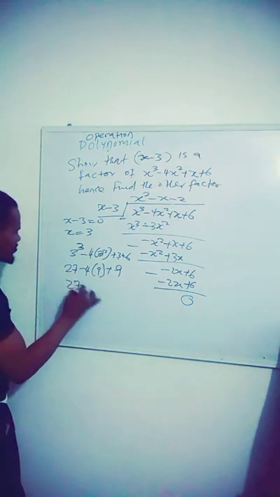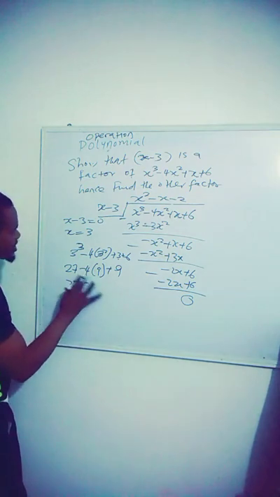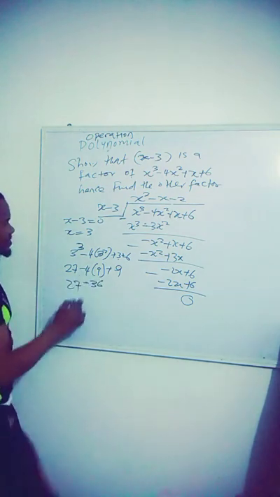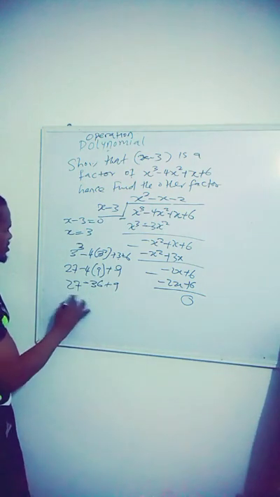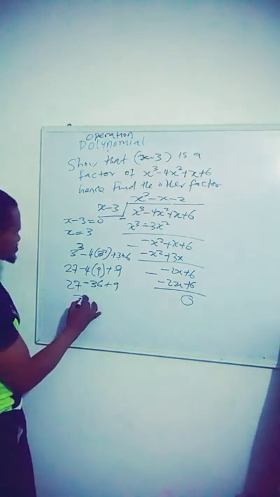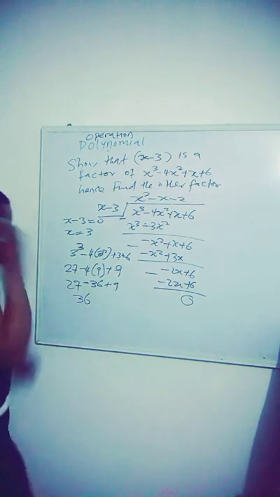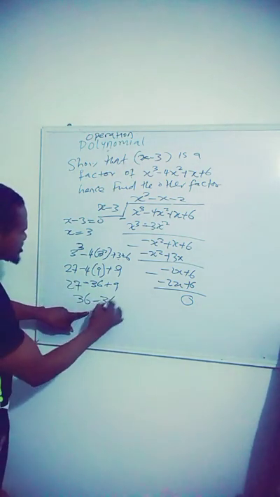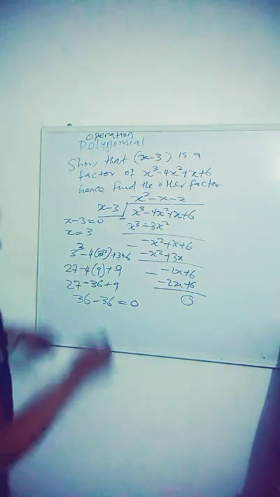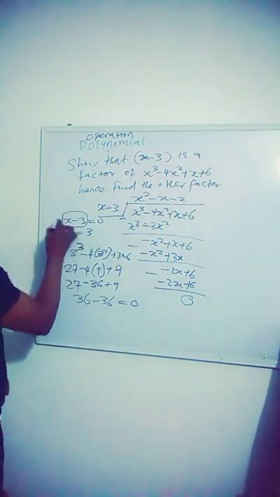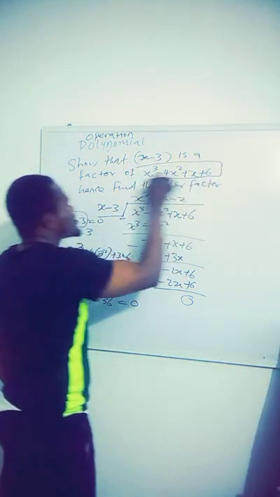So you have 27 minus 36, plus 9. 27 plus 9 is 36. So 36 minus 36 is 0. So this has shown that x minus 3 is a factor of this polynomial.